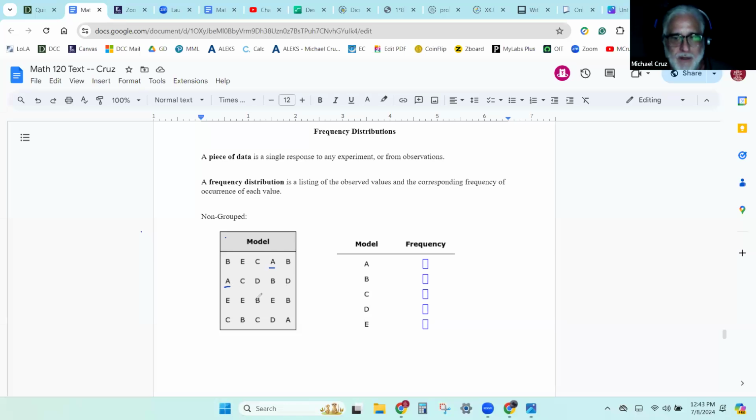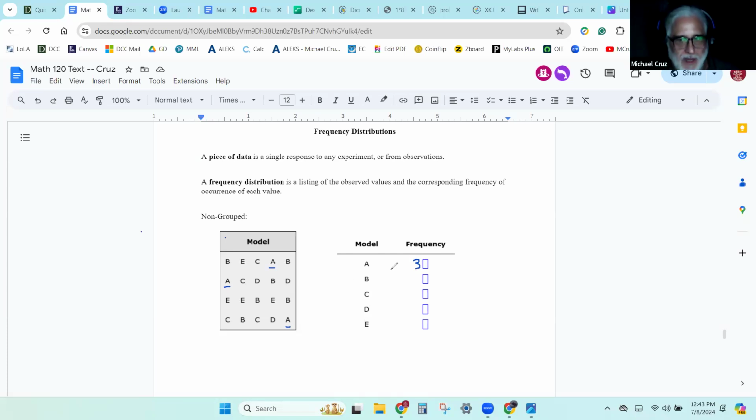Here we have A. Is that all of the A's? If it's all of the A's, then what goes in here would be a nice 3 to represent the 3 A's.